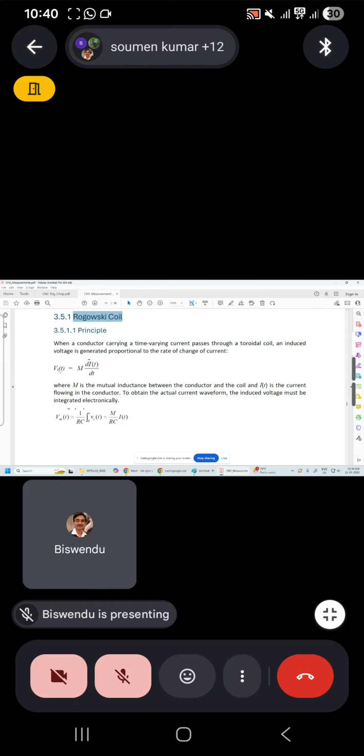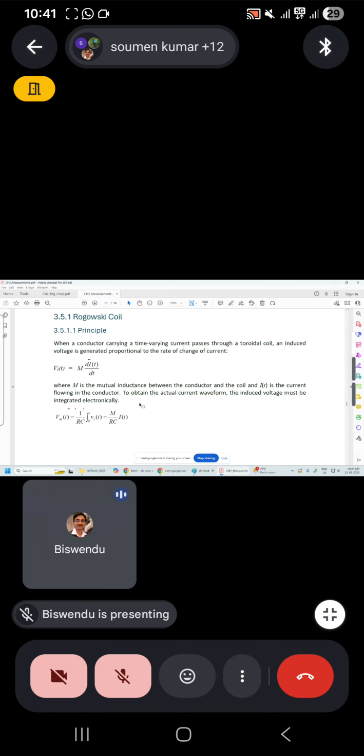The induced voltage, the total voltage Vmax, is given with respect to current. In this part, the mutual inductance and the RC time constant are all constants. So this constant can be calibrated by giving a known time varying current.